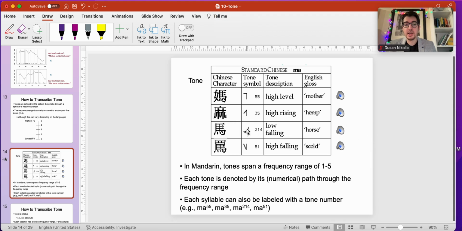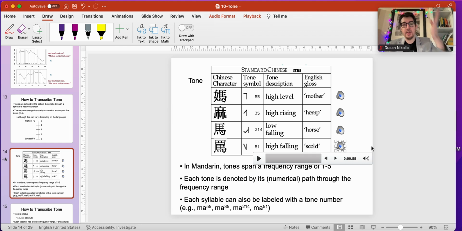Maybe the speaker cannot even produce 2-1-4 with this short syllable, but in longer words and longer syllables for sure. And finally, 妈 ma. Number 5-1 is a falling tone, or high falling in this case, which means to scold.